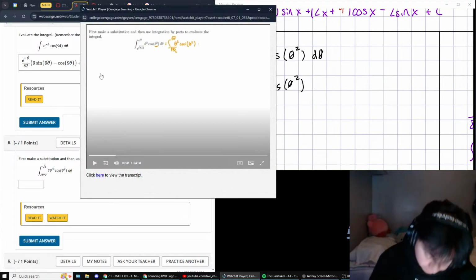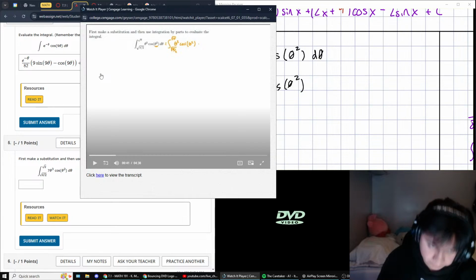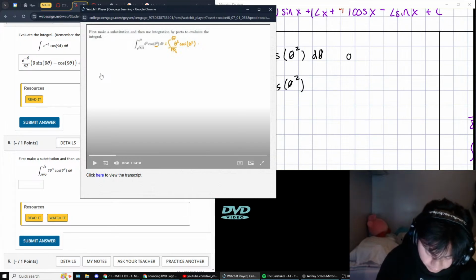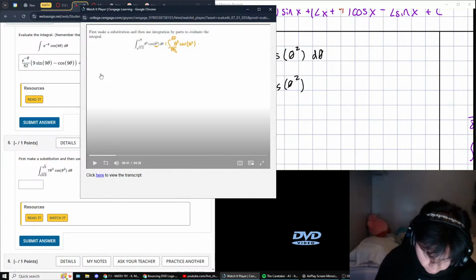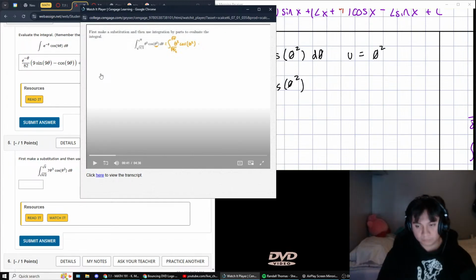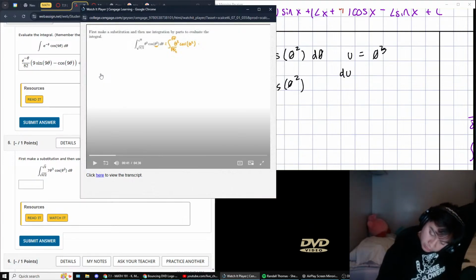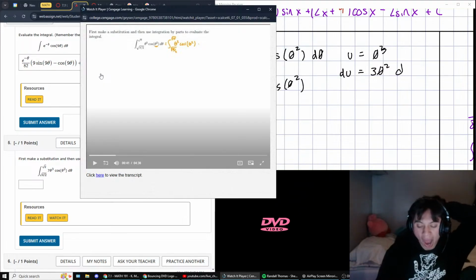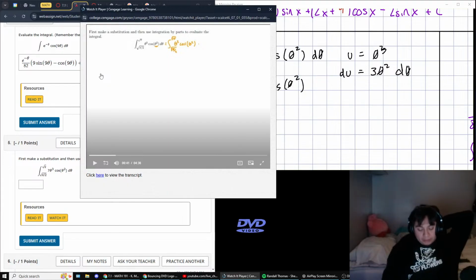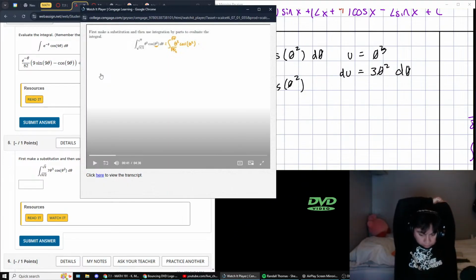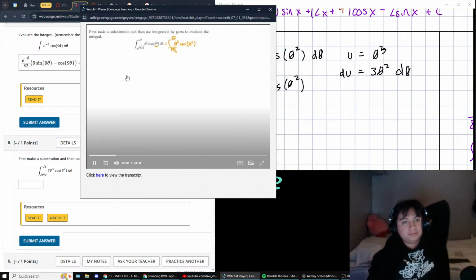Oh, so then, what if I make u equal theta cubed, and then du be 3 theta squared d theta? Nope, I'm stupid. Times theta d theta. I just broke off one of those thetas.